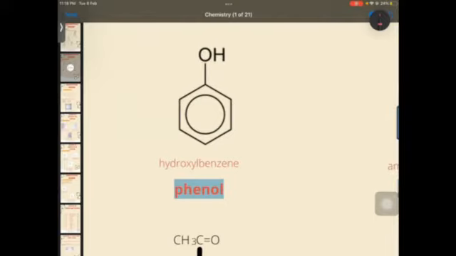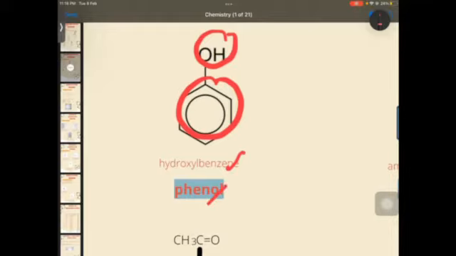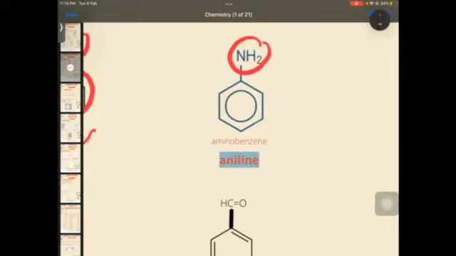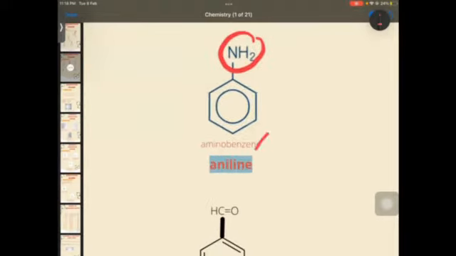Next, when OH attached in carbon number 1 with the benzene ring, it can be hydroxybenzene. It's a common name and it will be phenol in the special name. Next, when NH2 attached in carbon number 1 in the benzene ring, it will be aminobenzene in the common name, but in the special name, it can be aniline.